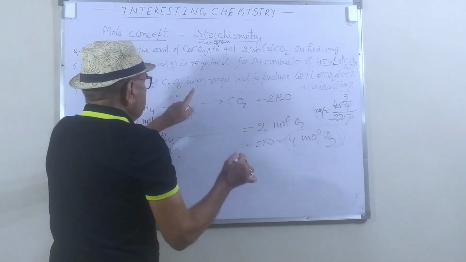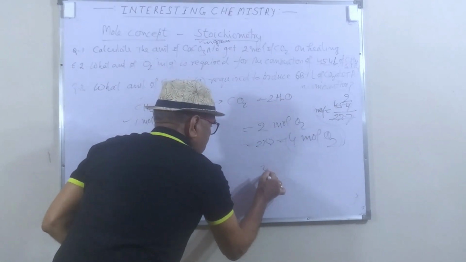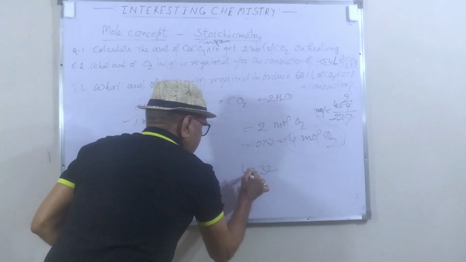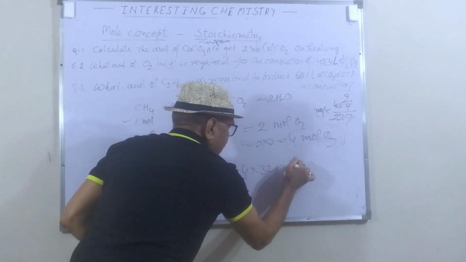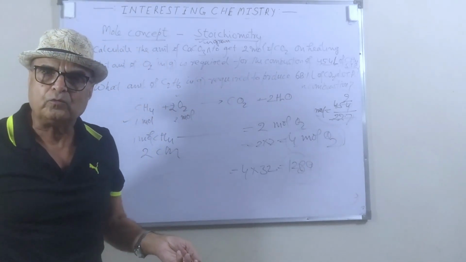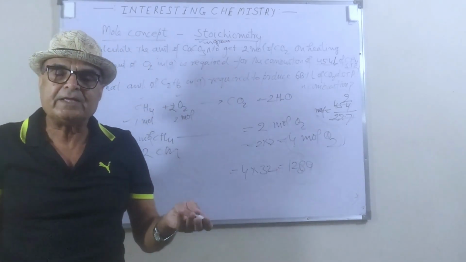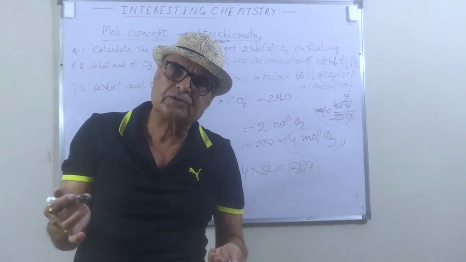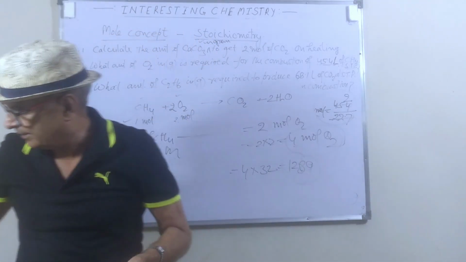So 1 mole of O2 is equal to 32, and 4 moles will be equal to 128. That will be the answer. By either method you can solve this question. So I think you have understood.